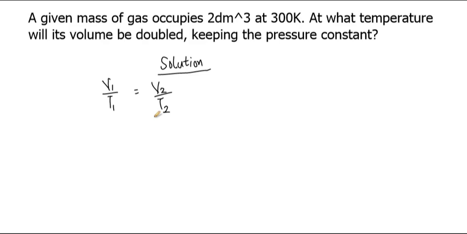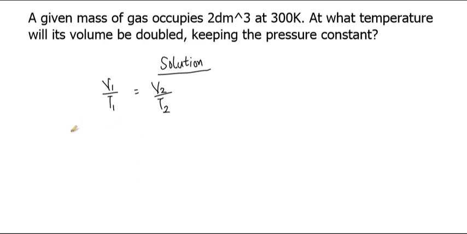This is the equation gotten from Charles' law, where the subscripts 1 and 2 refer to the initial and final values. So V1 is the initial volume, T1 is the initial temperature, V2 is the final volume, while T2 is the final temperature. Meanwhile, the temperature T is calculated in Kelvin.